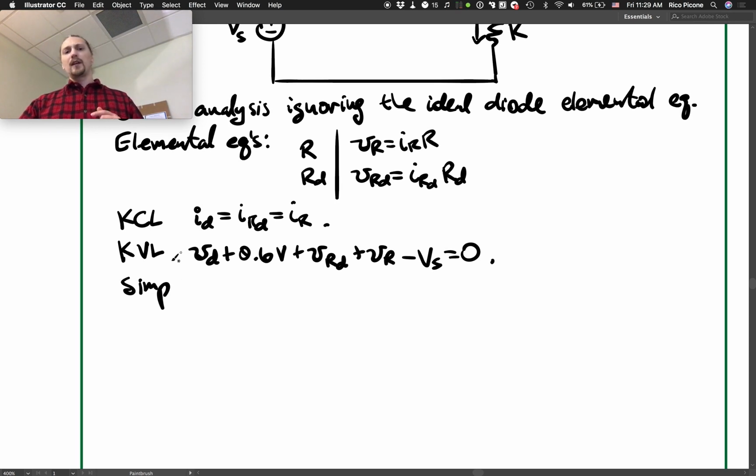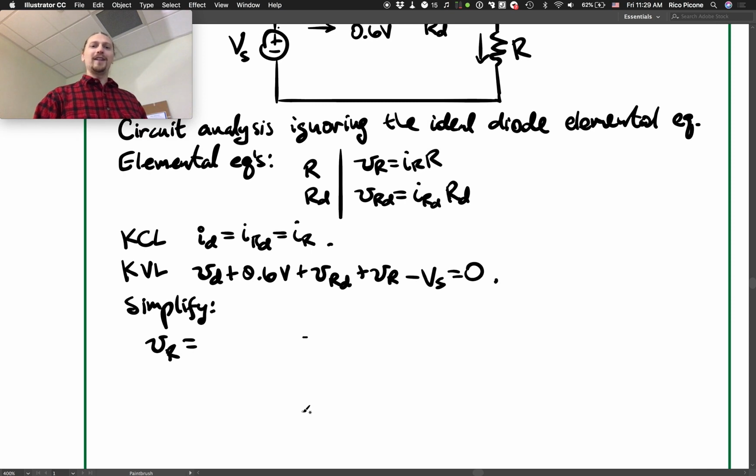Simplify. So let's first find VR. The easiest one of those equations that I outlined to solve for is to find VR in terms of ID, okay?